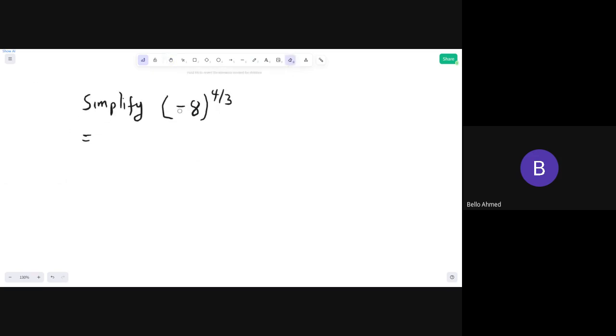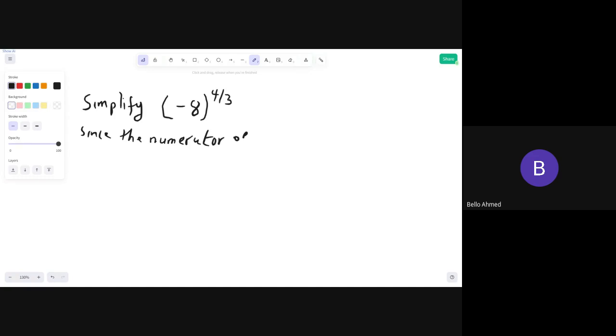So what I'm going to do now is write something like this: since the numerator of the power is even, then the minus sign can be ignored.